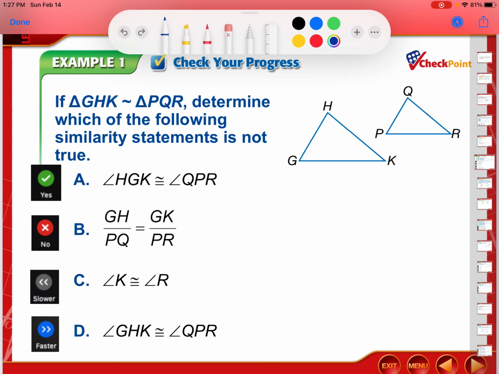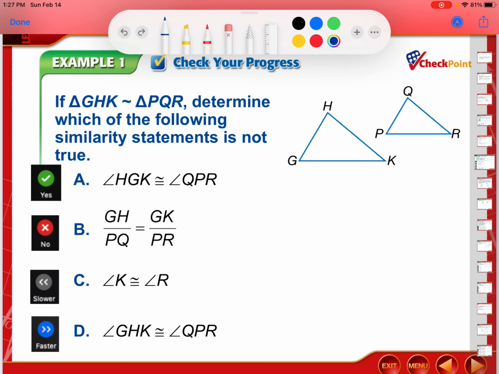So if triangle GHK is similar to PQR, determine which of the following similarity statements is not true. So angle HGK and QPR are congruent. That would be true. GH over PQ equals GK over PR.